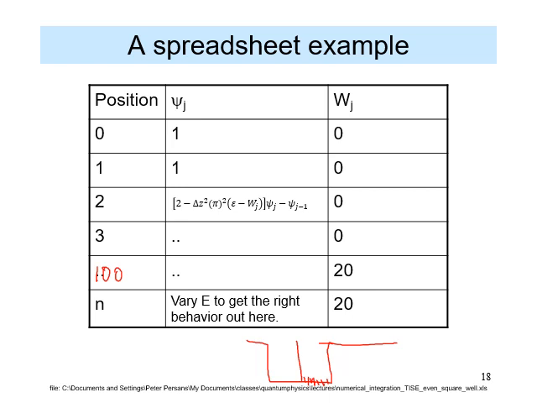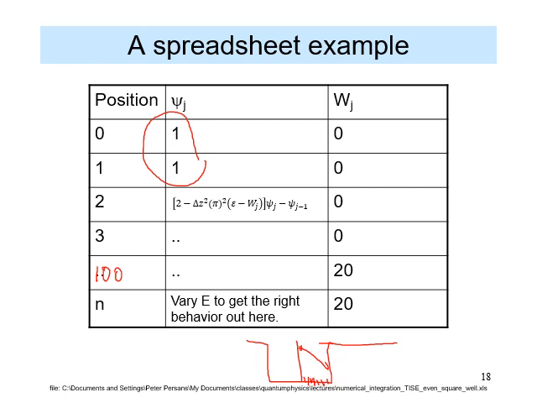Now the assumption. If I'm looking for the symmetric state, the even state, then I'm going to assume that the wave function at the center is equal to the wave function a little bit away from the center. I make those two steps very close to one another, and I take them both to be equal to one another. 0 slope.